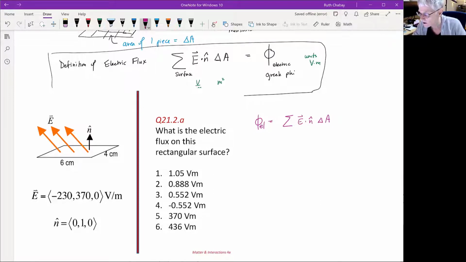So it's going to be equal to minus 230, 3700 volts per meter dot 0, 1, 0, times the surface area, which is 0.06 meters times 0.04 meters. This is the area. And we do indeed get 0.888 volt meters.